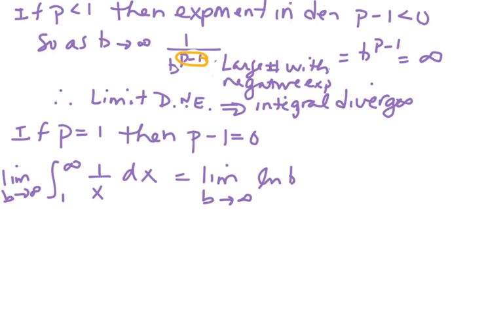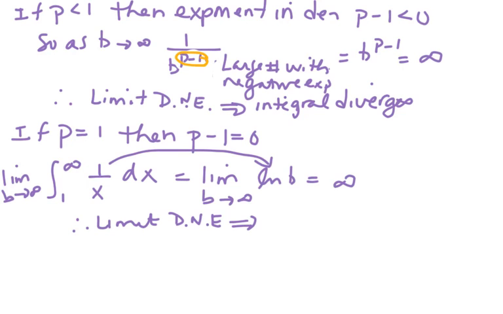I jumped ahead a little bit here, but taking the antiderivative of 1 over x, it's ln of b, and that limit as b goes to infinity is also going to go to infinity. So the limit does not exist. The integral diverges.